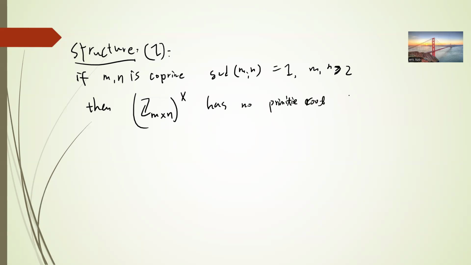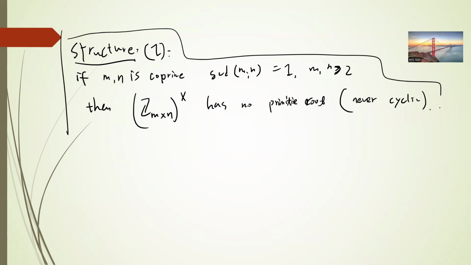Basically, what this says is that this group is never cyclic. So this is the first no-go theorem that I prove in this video, which should be very simple.